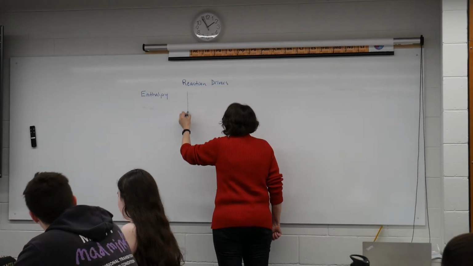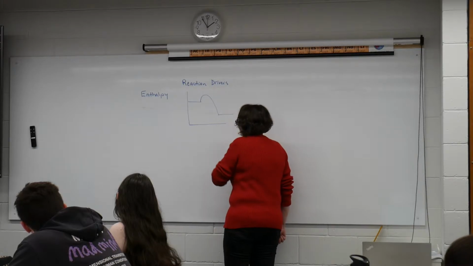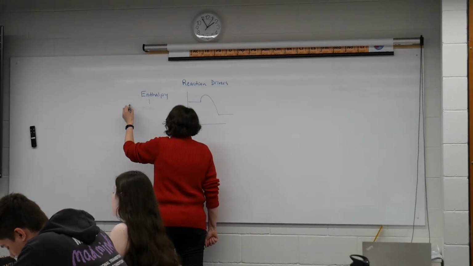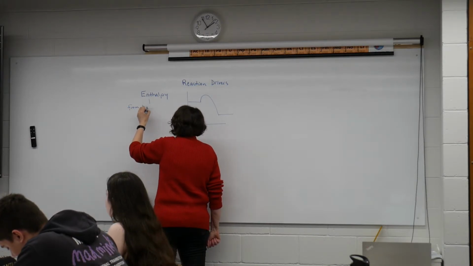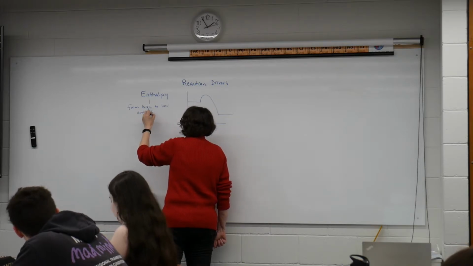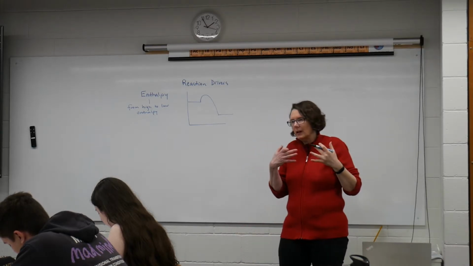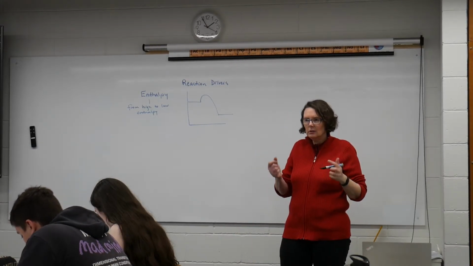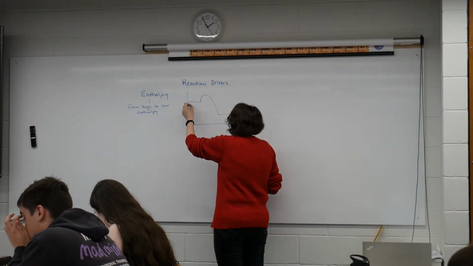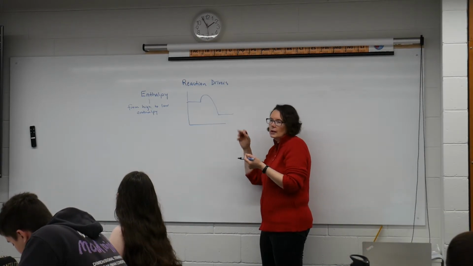This drives us from high to low. So, if you like, an exothermic reaction is a natural reaction because we go from our reactants that have a lot of energy in the bonds to products that have less energy.